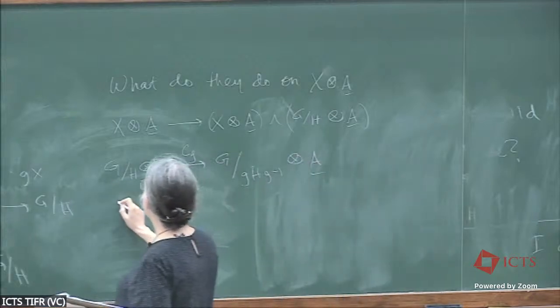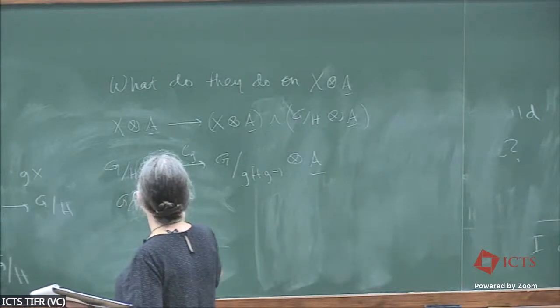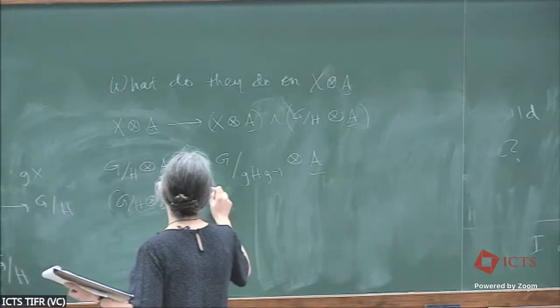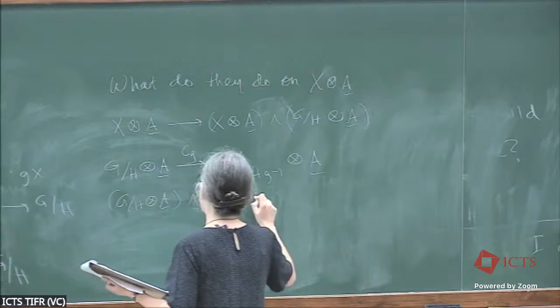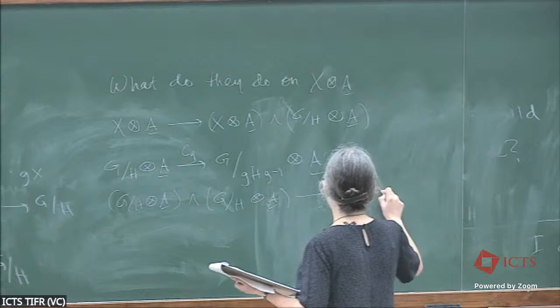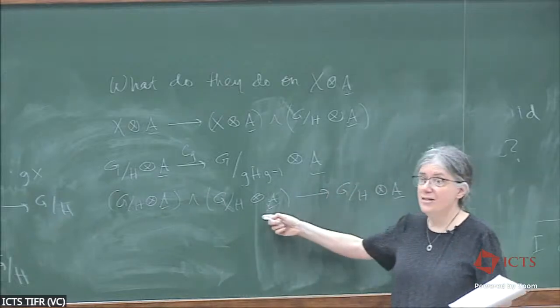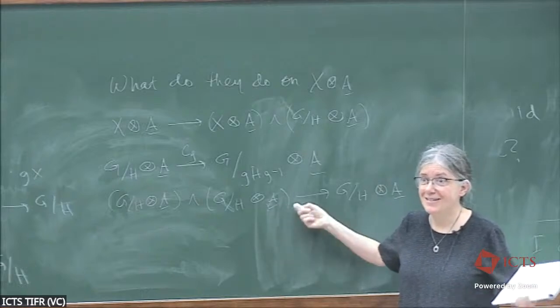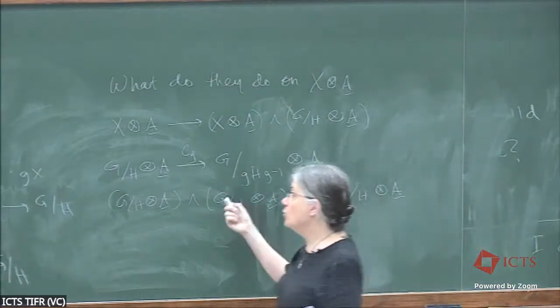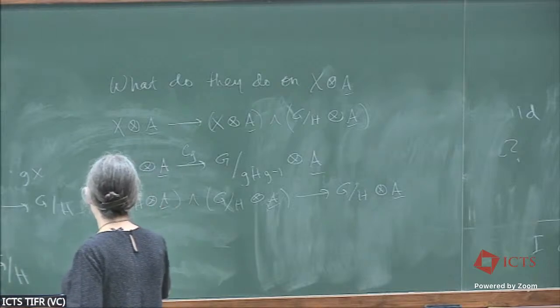Here, you're supposed to go from G mod H tensor A smash G mod H tensor A to G mod H tensor A. Yeah, but this is a genuine G spectrum. It has a product. Easy. Permute orbits.